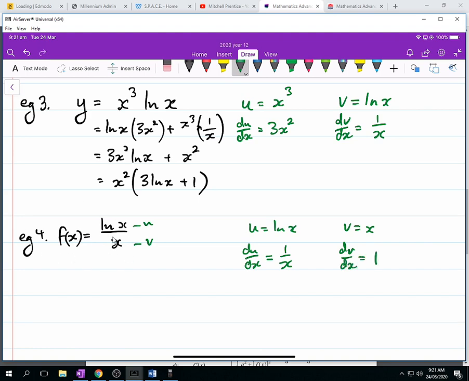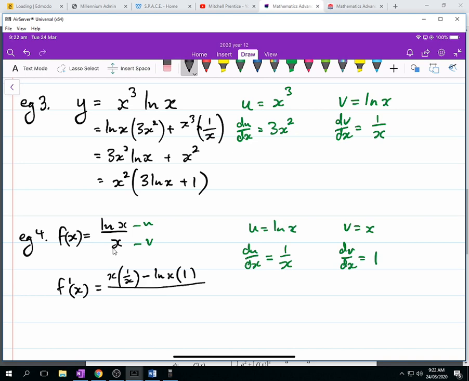And therefore, if we differentiate this, remember we're not going to write dy dx, we'll just write f dash of x, which is equal to v du dx, so x times 1 over x, which of course cancels out to just be 1, minus u times dv dx, which is 1, all over v squared, which is our x squared.